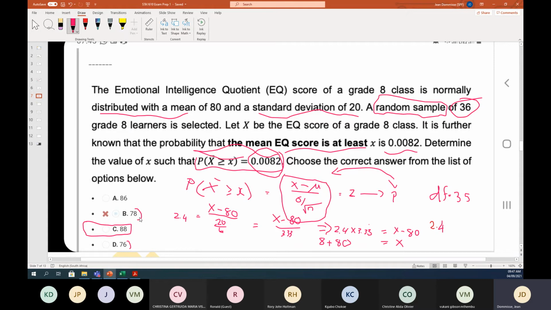Okay, this is interesting because my original thought was that I don't know if it's a Z or a T. But I think the one thing we also need to look at is that if you look at that normally distributed, that also implies that the standard deviation is a population standard deviation.